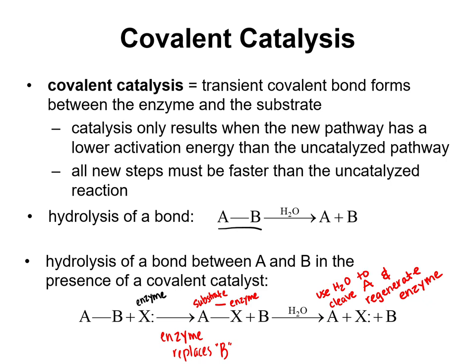So if we stopped at the point of A being covalently bonded to X, now we can't do any more chemistry. That enzyme is not a catalyst anymore. It was a substrate. We have to have the hydrolysis or whatever other reaction necessary to liberate A from X and regenerate that enzyme.